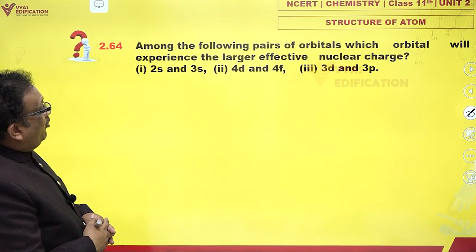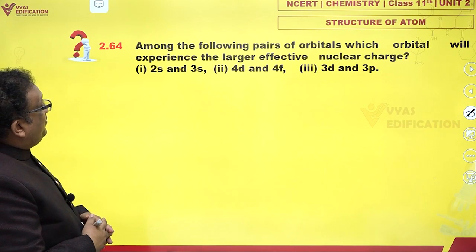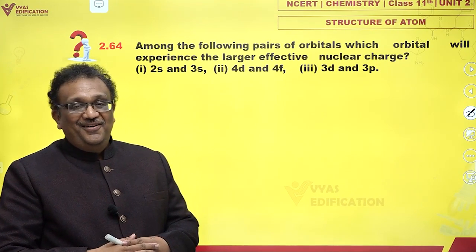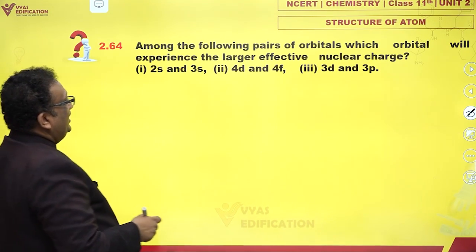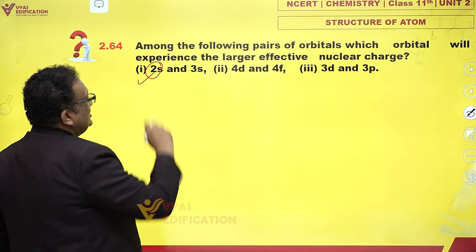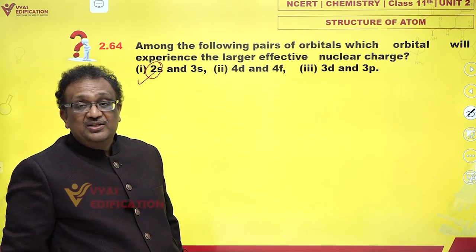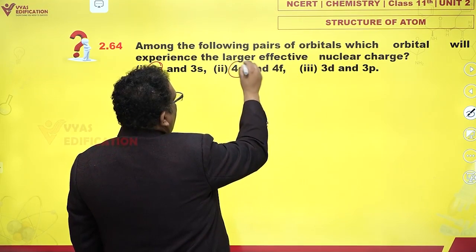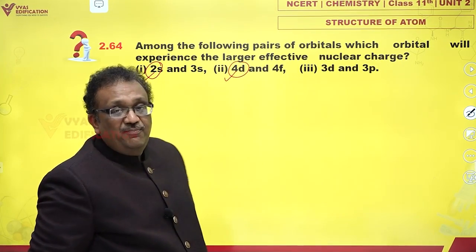Amongst the following pair of orbitals, which orbital will experience the larger effective nuclear charge? Let's take a look. 2s and 3s. 2s, the inner ones, experience larger Z effective. 4d and 4f. D orbitals are inner as compared to F orbitals.